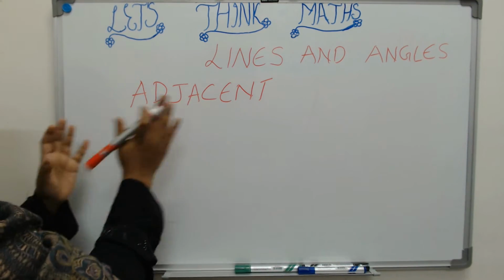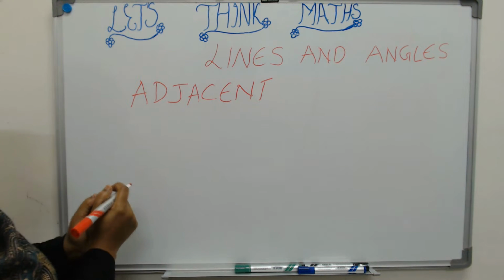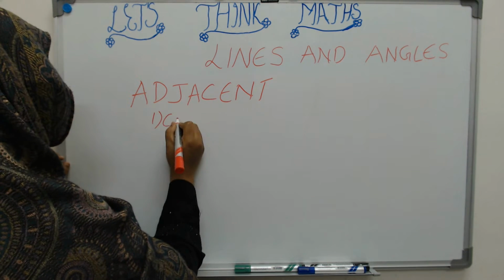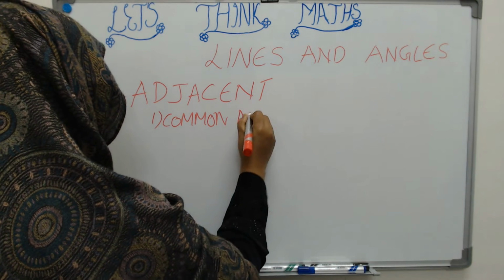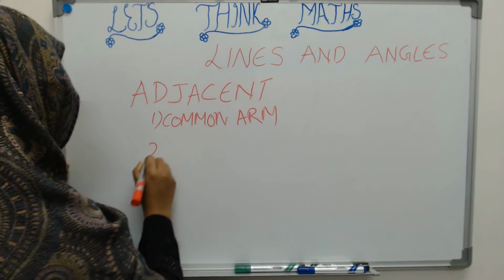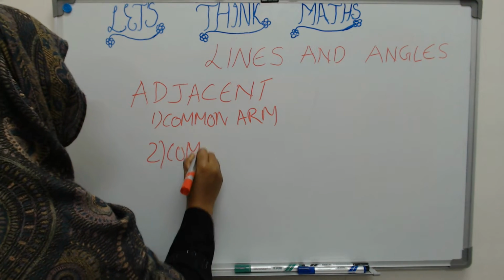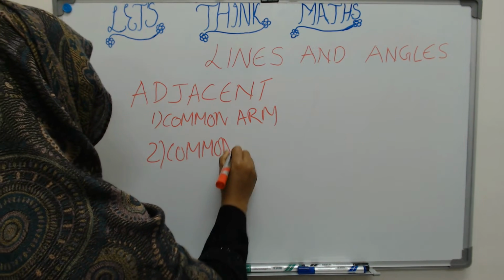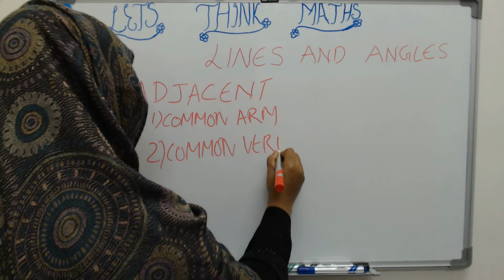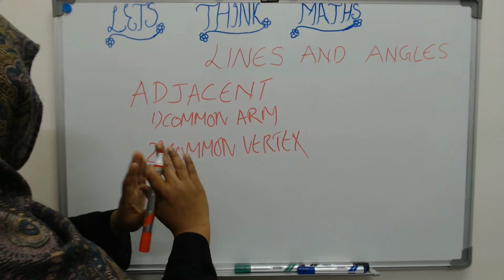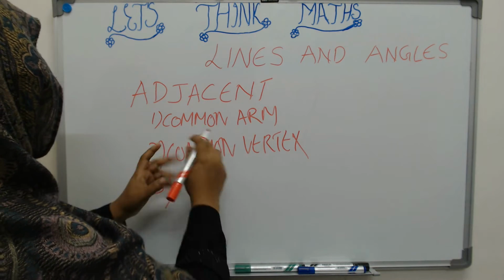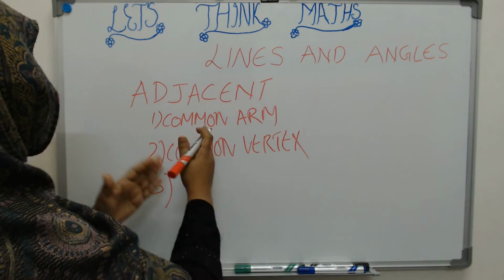So how do 2 angles become adjacent? They become adjacent if they have a common arm, then a common vertex, and if the arm which is not common lies on either side of the common arm.